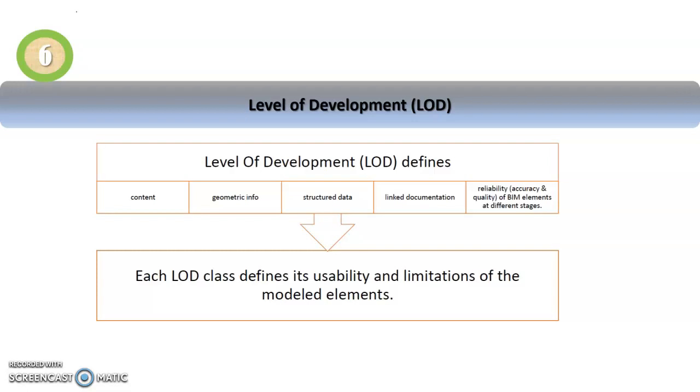Just to give you an example, during the initial feasibility study or the conceptualization stage, the structural engineer's BIM model, for example, wouldn't go into the detail on the types of bolts that he's going to use to connect a joint between a beam and a column at a certain location.